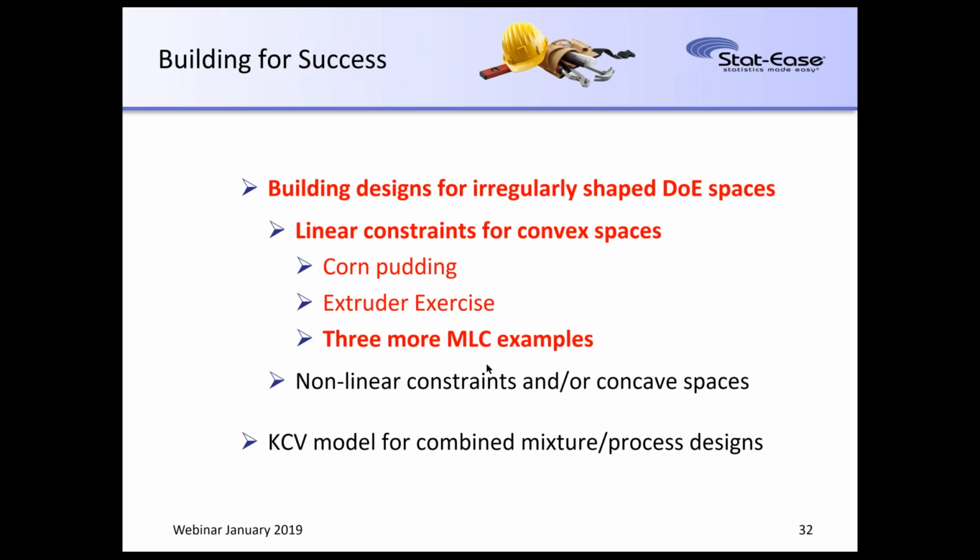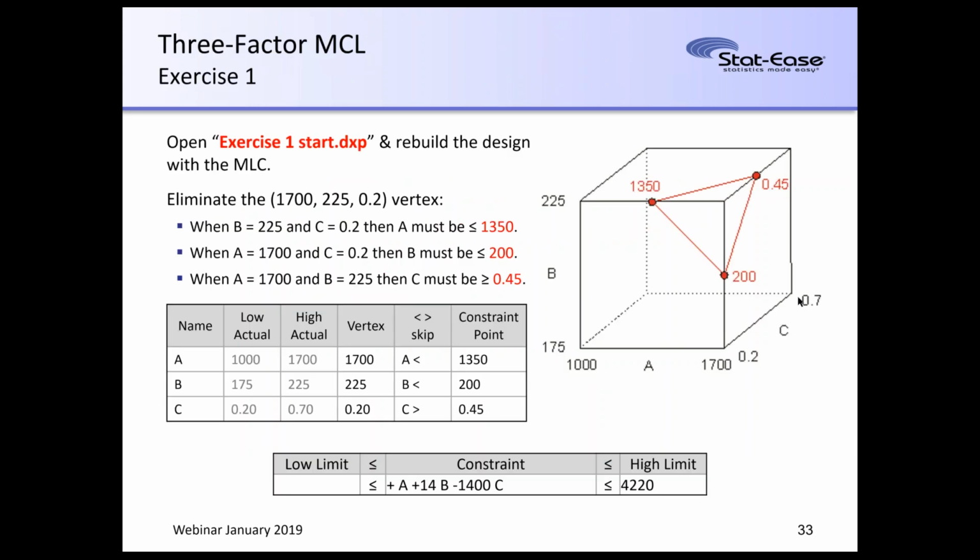Okay, I'm going to just quickly show some more examples. I'm not going to work through them, but just to give you an idea of how you can use linear constraints. So here's a three-dimensional example. It's the same thing. We pick the vertex we want to eliminate, and we just pick constraint points.